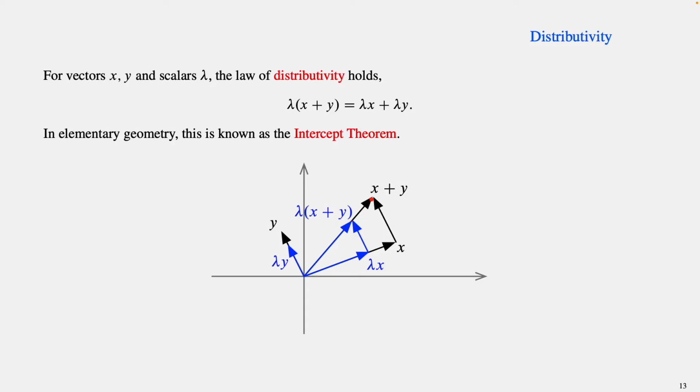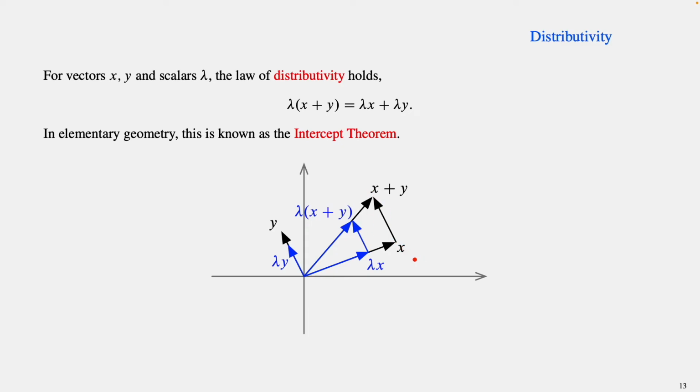So we get a vector that's on the same arrow here. And this one, because it's a multiple of y, is clearly parallel to that one. They point in the same direction, as we can see here. Now this intercept theorem states that the ratio of this side of the triangle to this side of the triangle is the same as the ratio of this side of the blue triangle to this side of the blue triangle, because these parts here are parallel.